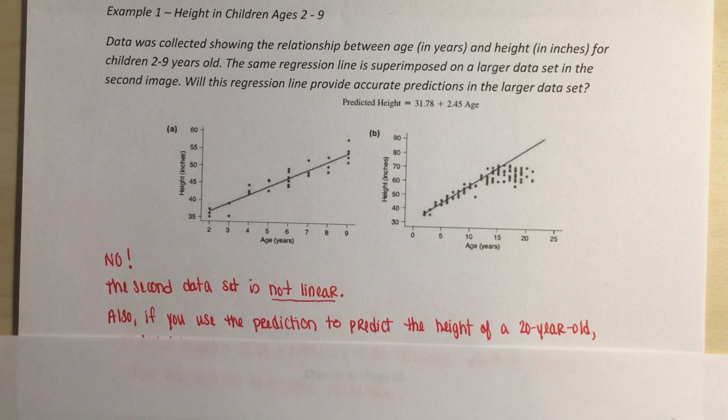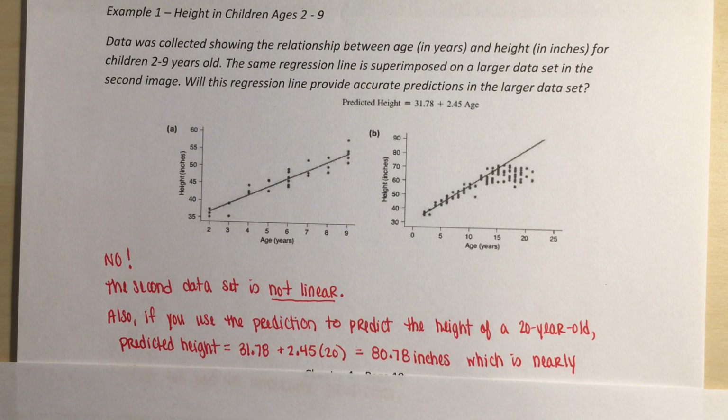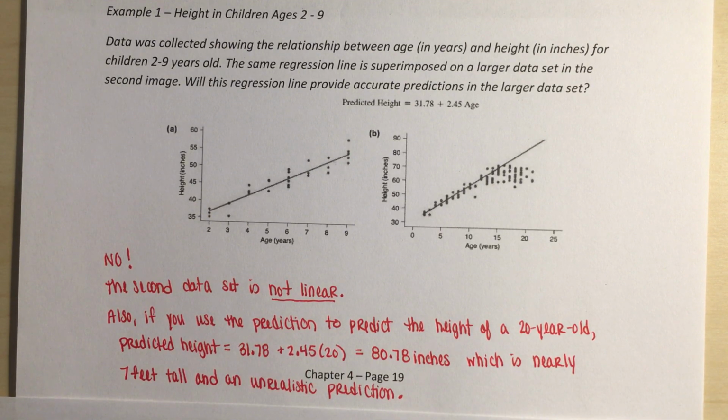Also, if we were to plug in the age of 20 into our predicted height equation, our predicted height would be 31.78 plus 2.45 times 20, which gives us 80.78 inches. 80.78 inches is nearly 7 feet tall.